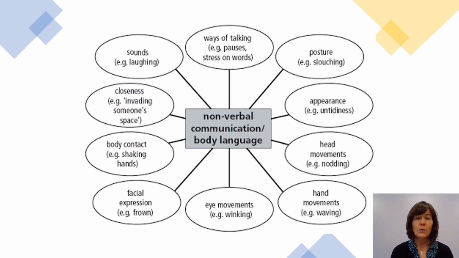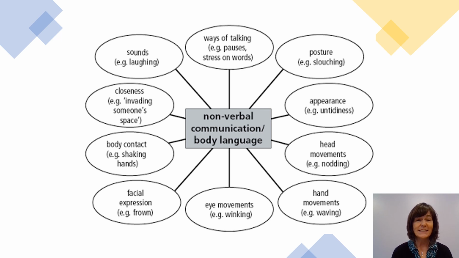So if we take a moment to look in more detail at our non-verbal means of communication and our body language, we can see just how much is going on. If we look at the top two bubbles, our sounds and our ways of talking, that's our vocal means of communication, or our paraverbal, as I was mentioning in the previous slide.